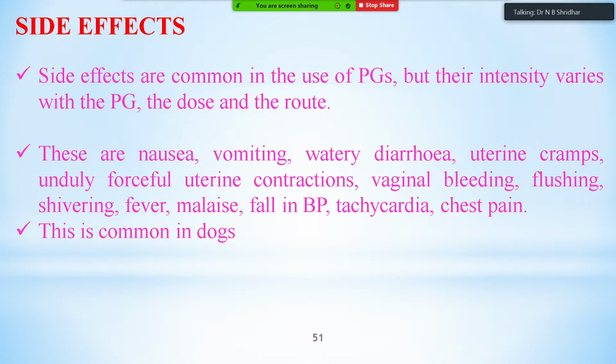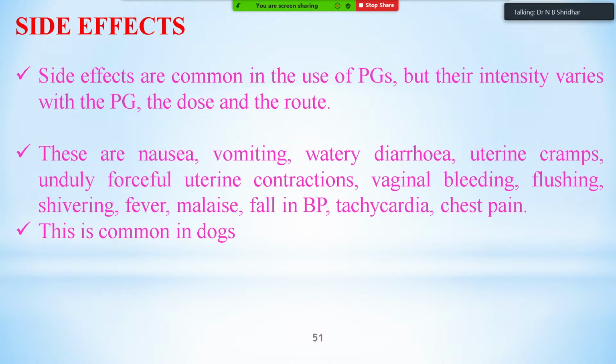And the common side effects are nausea, vomiting, watery diarrhea, uterine cramps, unduly forceful uterine contractions, vaginal bleeding, flushing, shivering, etc. And also fall in BP, tachycardia, chest pain. This is very common in case of dogs.